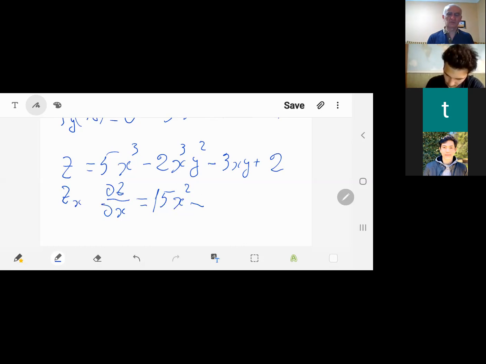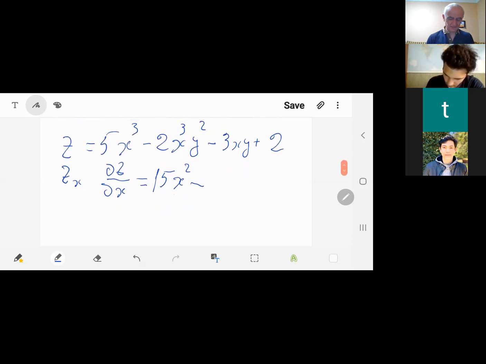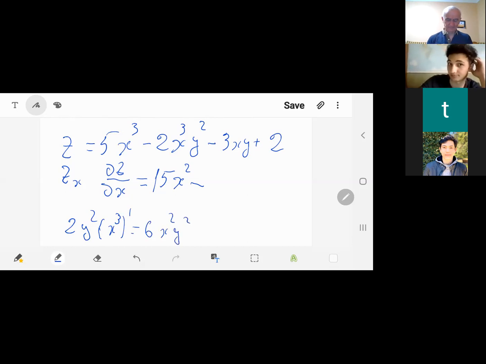That's why we can move out 2 times y squared, and the derivative of x cubed, we know, is 3 times x squared. So we have 6 times x squared y squared.